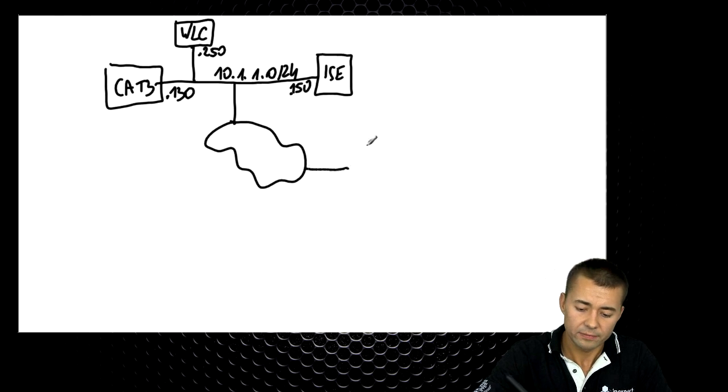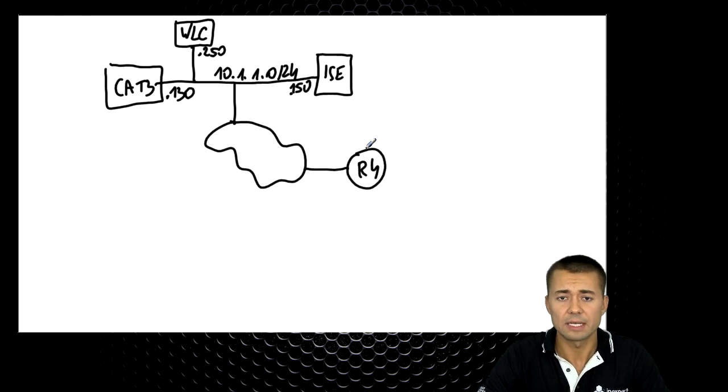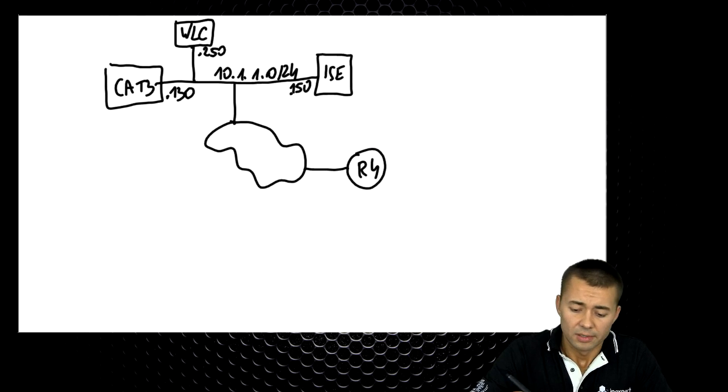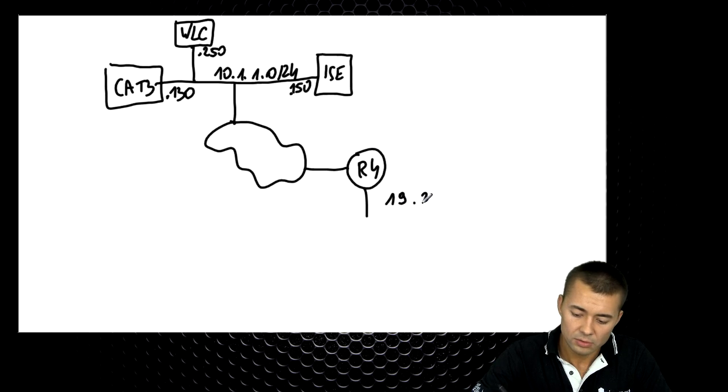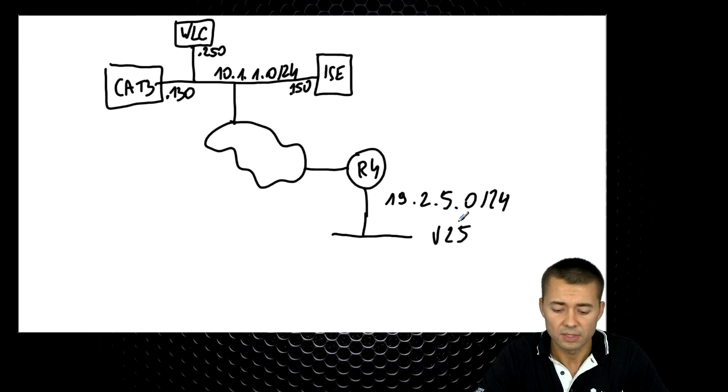We will also have something somewhere down the network. It doesn't really matter. In this case, it's not important to know what's between those segments because we will not be testing connectivity at any point. We will also have the 192.168.25.0/24 network, and this is VLAN 25, which I will be using to test the wireless device sensor.